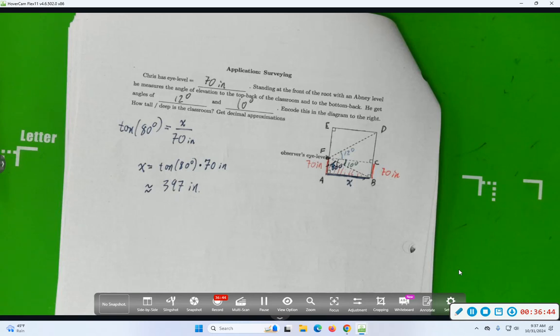So apparently the depth of the classroom is about 397 inches according to this measurement. And in fact, at the end of the previous section, someone was feeling dubious. So they actually checked the diagram for the classroom, which has a scale on it, and found that the depth of the classroom is 384 inches.